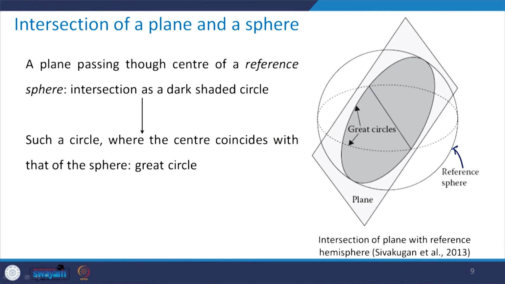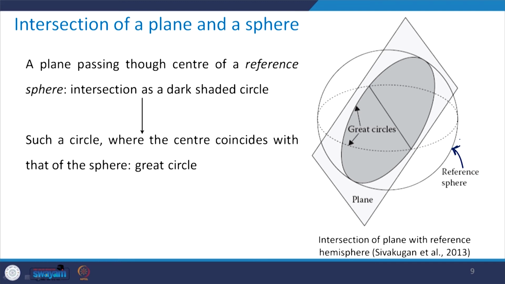Okay. So, now coming to the next part: once we have understood this coordinate system, how to obtain the intersection of a plane and a sphere. Here this figure shows, first of all take note of it, this is the reference sphere.